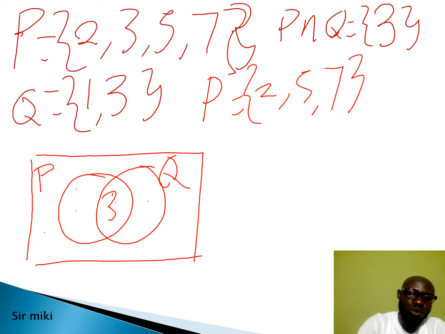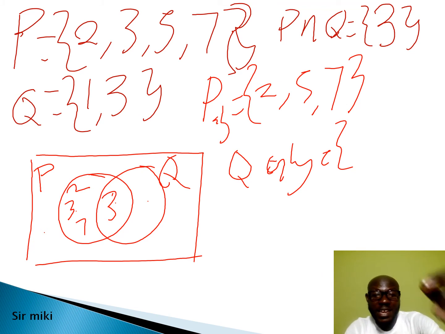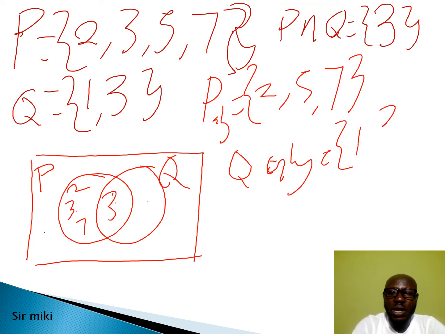That means that 2, 5, and 7 will be written in region 1. Now let's look at Q only. If 3 is taken out, the element that will be left is 1. So Q only will give us 1. So we will put our 1 there.